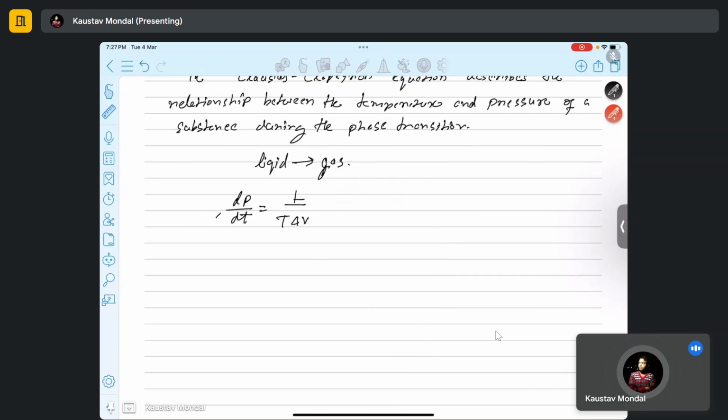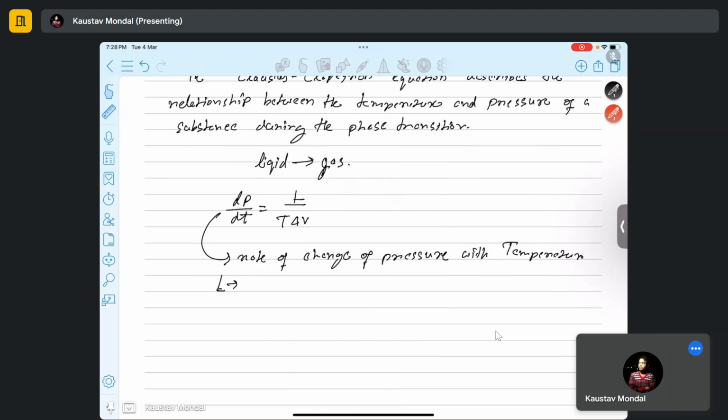dp by dt gives you the rate of change of pressure with temperature.